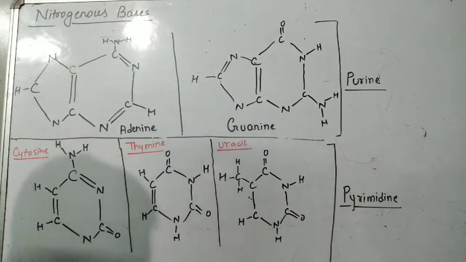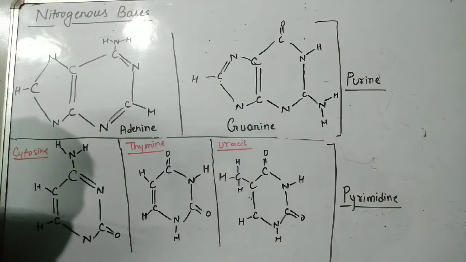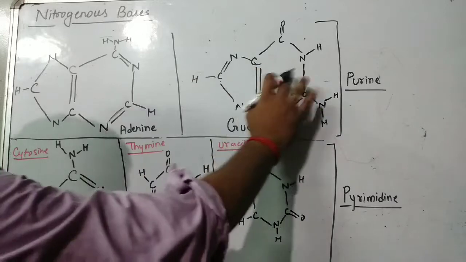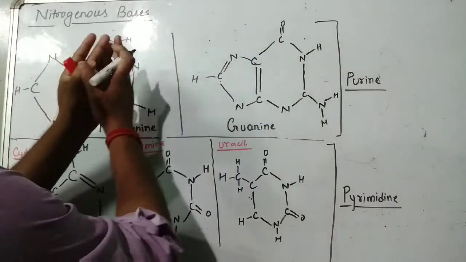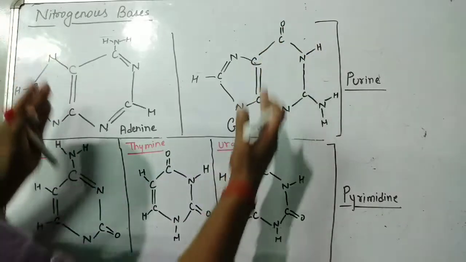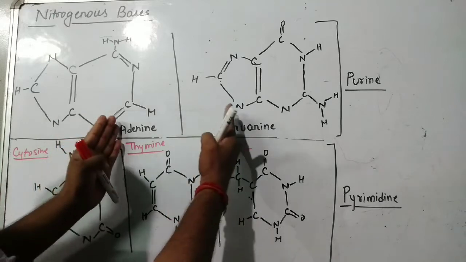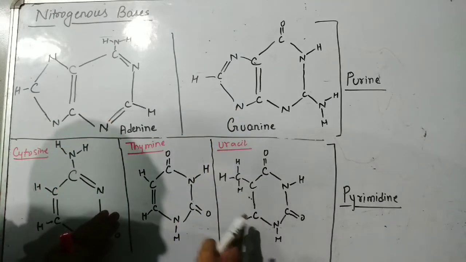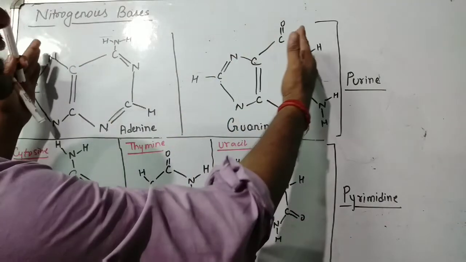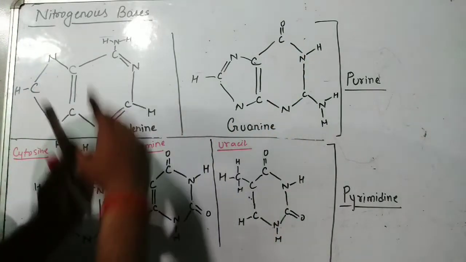The reason behind this is, if two purines are combining with each other, the width will be like this one. And if two pyrimidines are combining with each other, the size will be of this one. अगर दो प्यूरिन कंबाइन करेंगे तो इतना बड़ा साइज का हो जाएगा, लेकिन अगर दो pyrimidine कंबाइन करते हैं तो इतना पतला सा हो जाएगा.